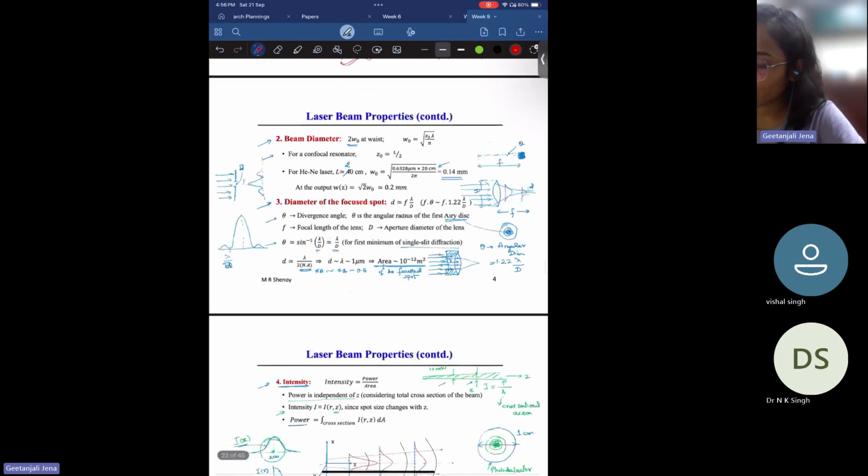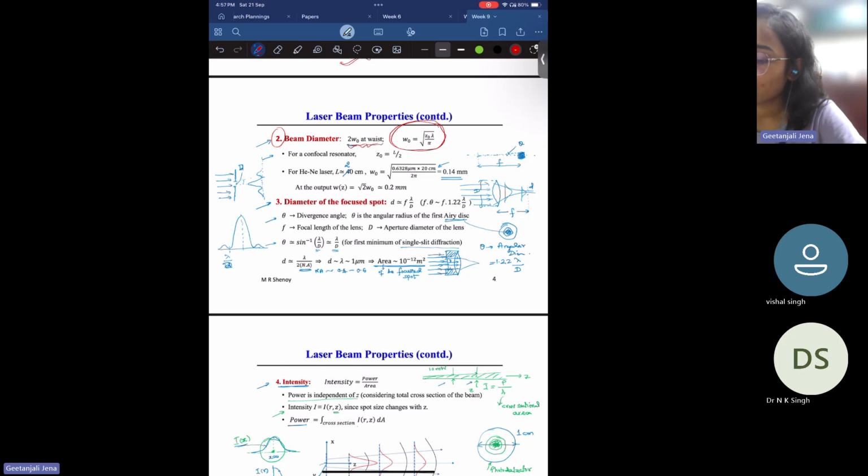And next we'll talk about the beam diameter. At the waist, the beam diameter is 2W0. This we have seen earlier. And W0 is the square root of Z0 lambda by pi. Now, let's say the resonator we are studying is a confocal resonator.